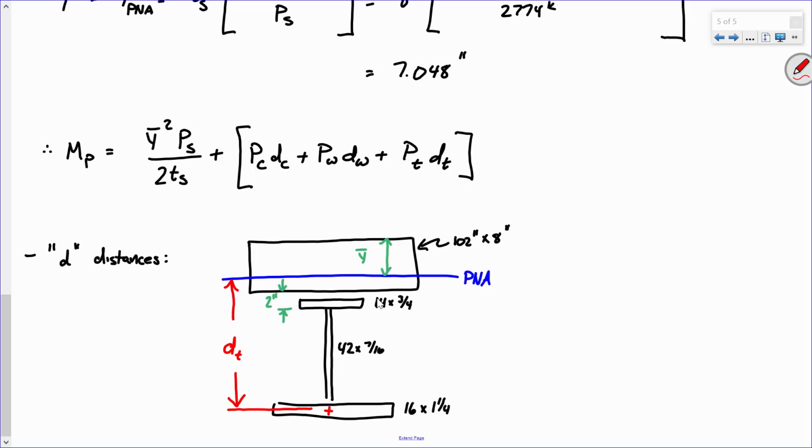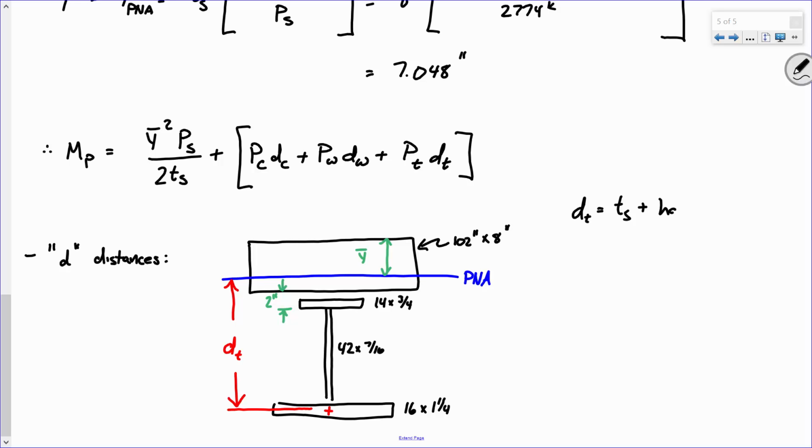Watch this. I'm going to go from the top all the way down to here, so the top all the way to there, and then I'm going to subtract Y bar. Does that make sense? So, what would the formula look like? Let's write that out. dt. I'm going to say T sub s, okay, plus what?